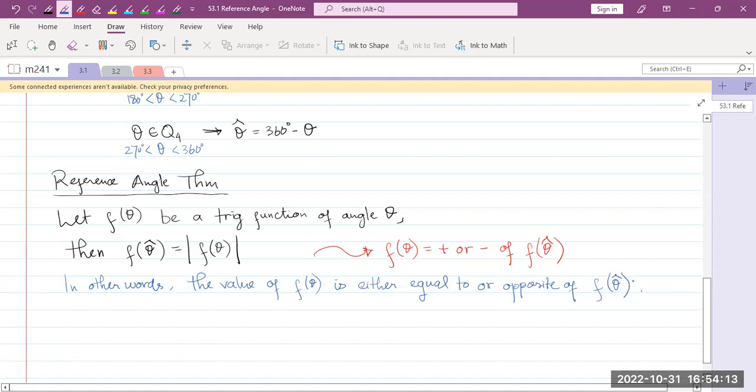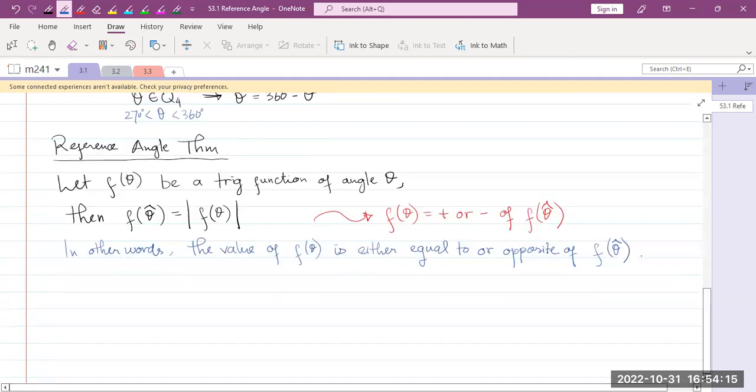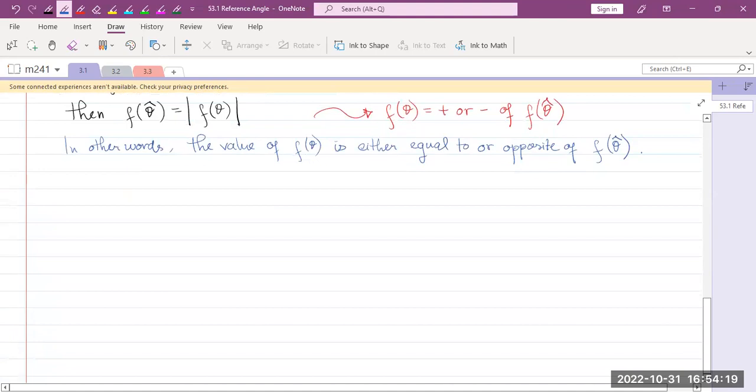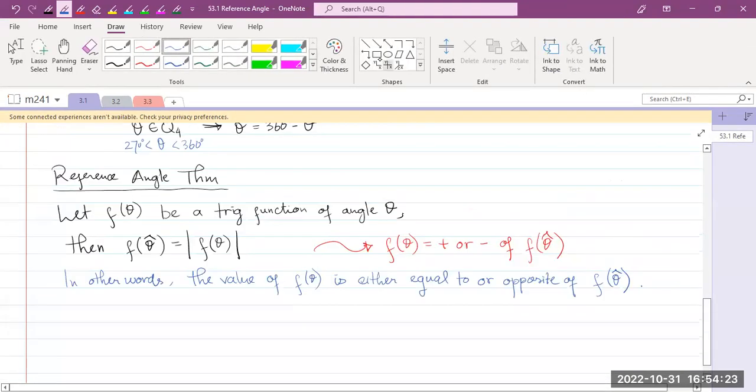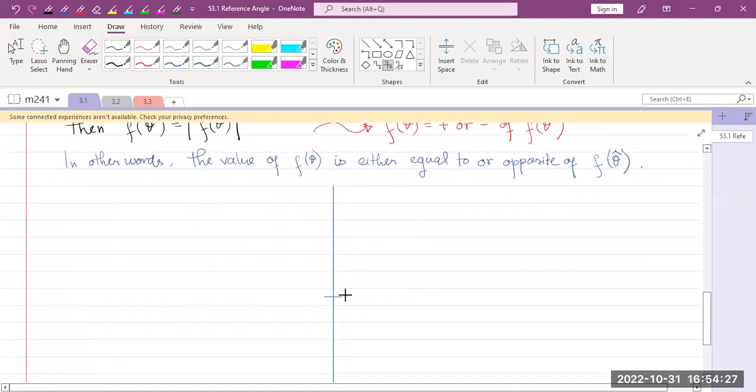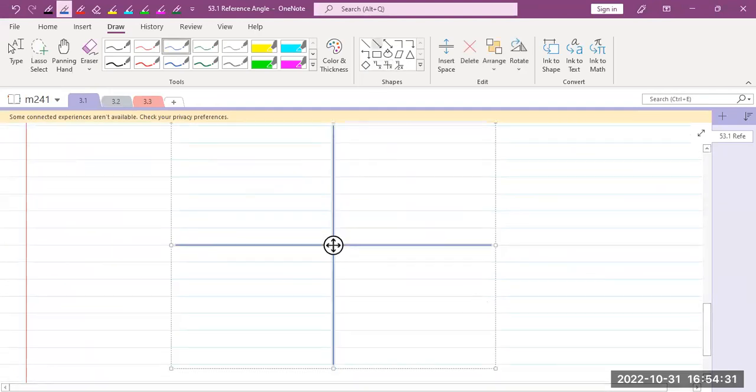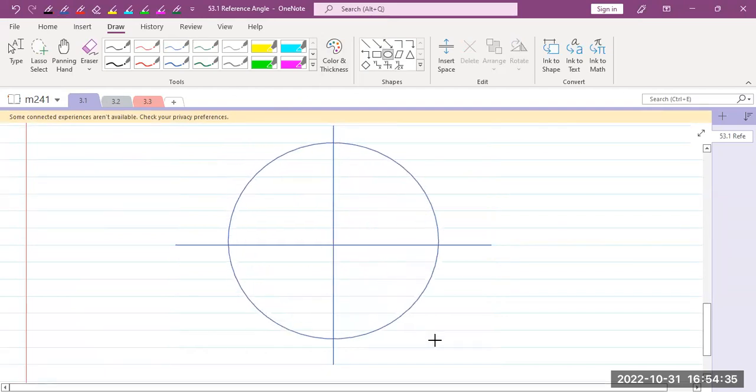Okay, now instead of proving this in words, let's take a look at the following picture. Suppose, for example, we have this coordinate system. Try to make it big enough. And we have a circle with radius r.